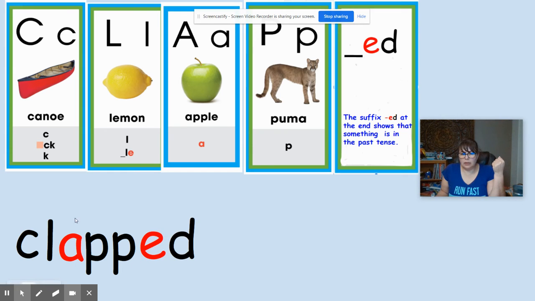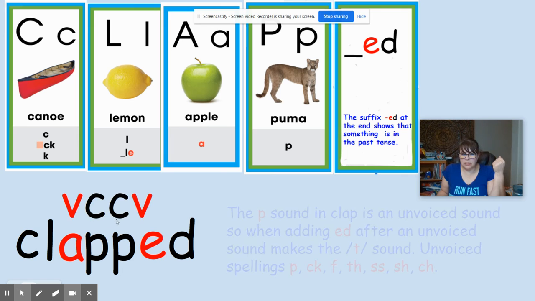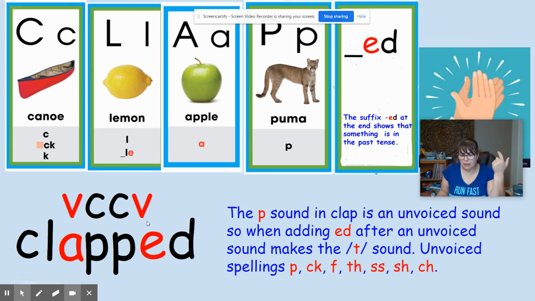Now remember that the P is unvoiced. You can feel it because it's just air blowing out of your mouth to make the sound. So the ed makes the t sound, and the e is silent. So we say clapped, clapped. So it's one syllable.